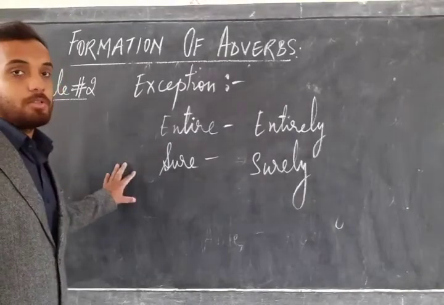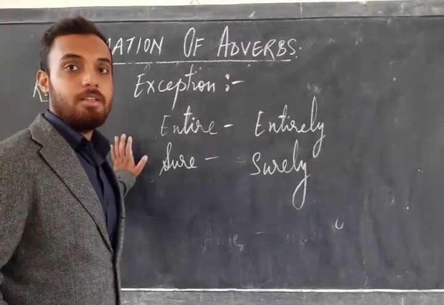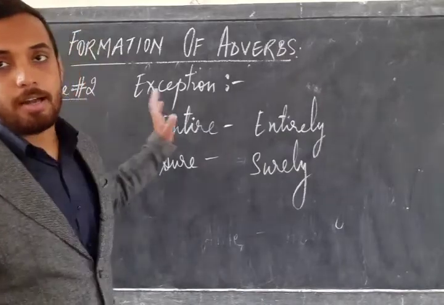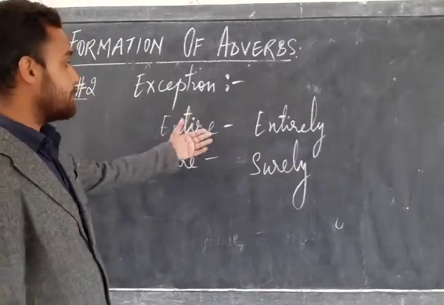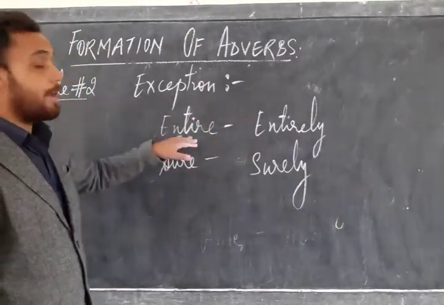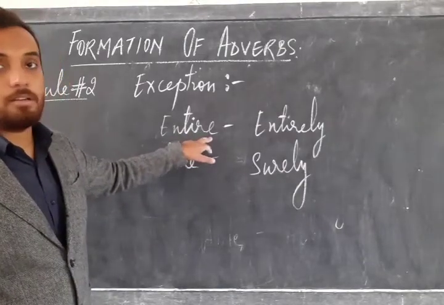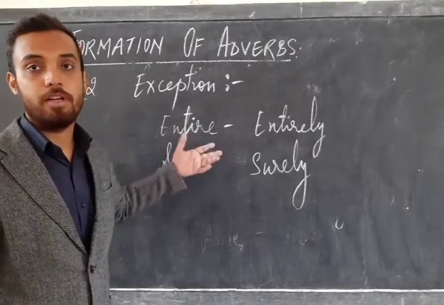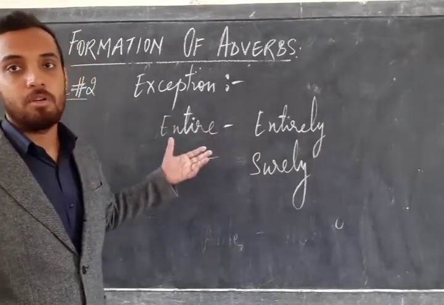Examples of the exceptions. I told you that for adjectives which end with the letter e, we drop e and add y, but not every one. The examples of a few exceptions are entire. It ends with the letter e, but we can't remove e and add y. It becomes a different word, which is a wrong word.